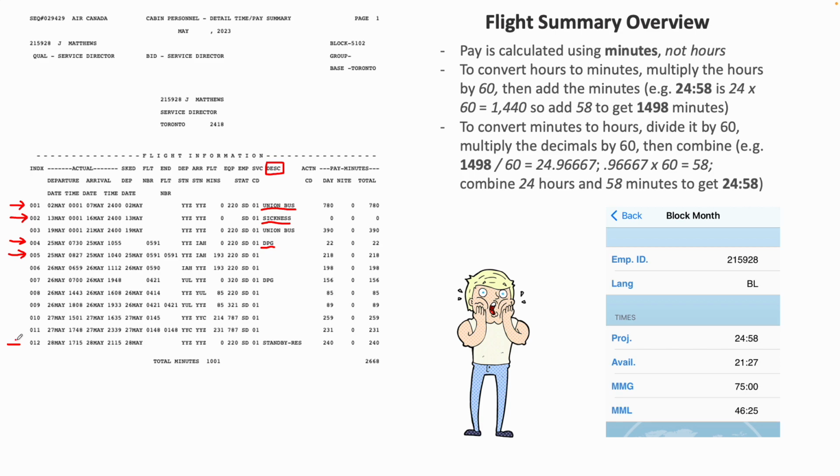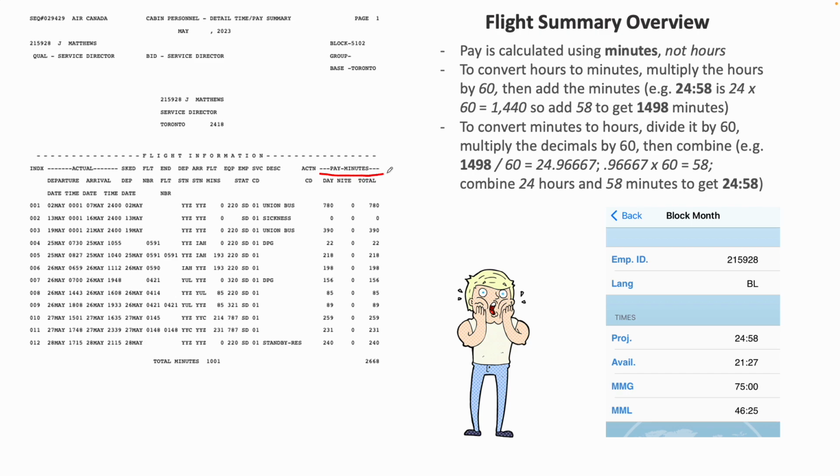And on line 12, for index 12, we do see STANDBY-RES, that's short for standby on reserve. So you can see that there are different descriptors that are in this particular column, and usually it clarifies anything that isn't explicitly a flight.